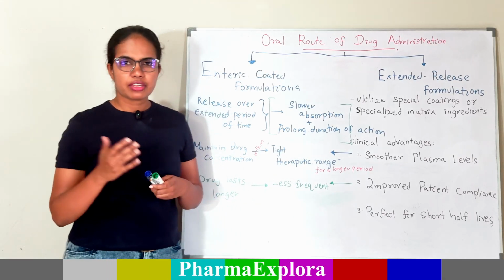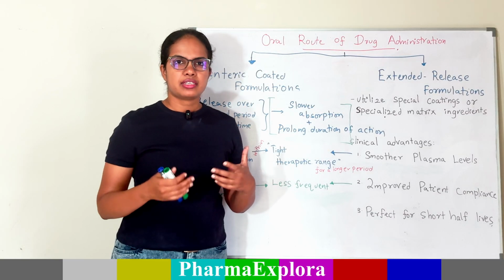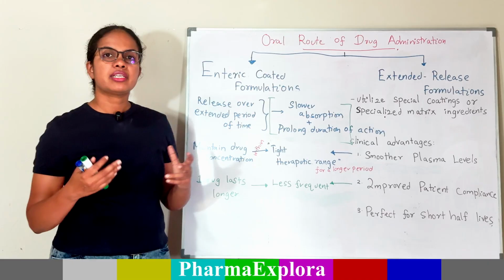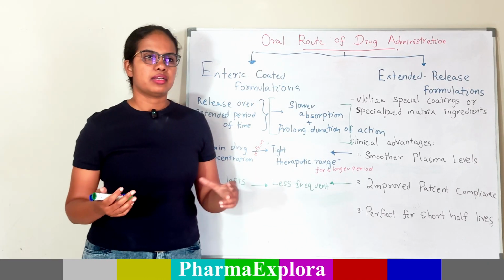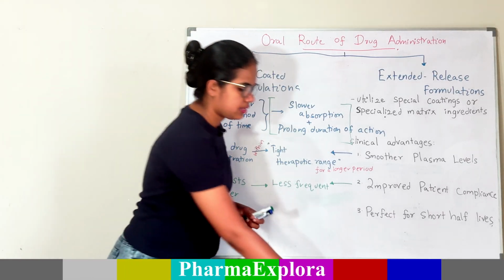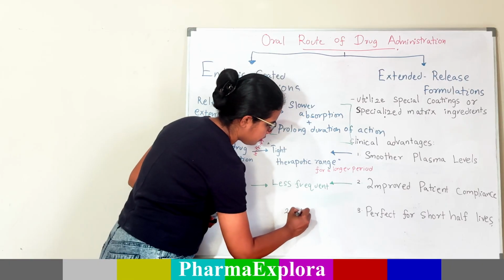A very good example is morphine. We take morphine for chronic continuous pain. Usually morphine's half-life is 2 to 4 hours.